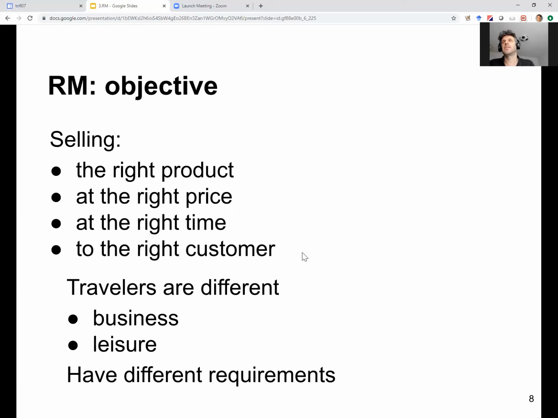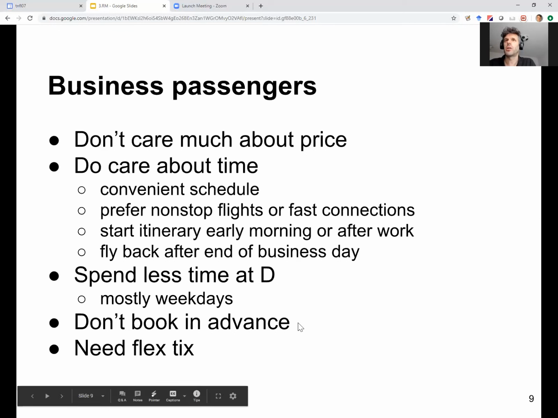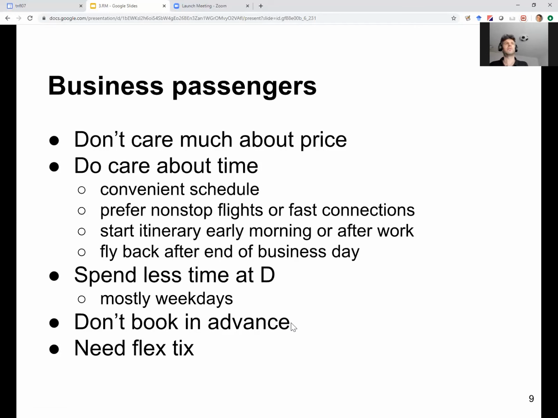And there are various things in which they differ. In particular, you can charge business passengers a higher price, but they need a convenient schedule, they want fast connections and other things. They spend less time at the destination, like going back and forth. Most important for us will be that they don't book in advance, or don't have to. A need for a business trip arises, you have to go somewhere.